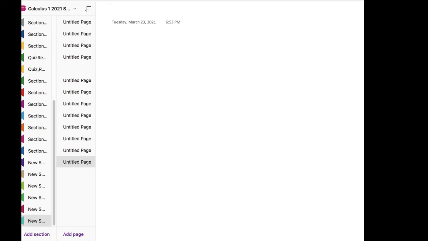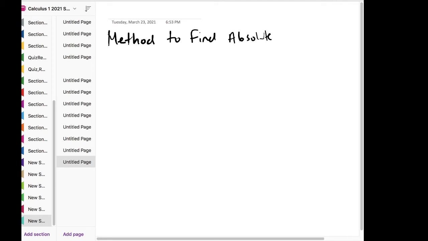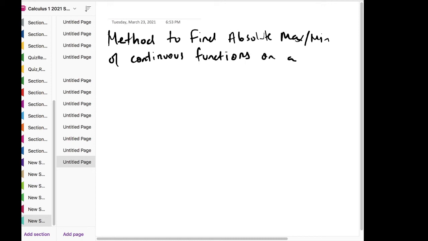So this is going to be a method to find absolute maxes and mins of continuous functions on a closed interval. First of all, why do maxes and mins exist of continuous functions on a closed interval?